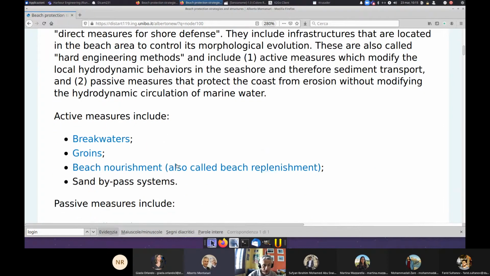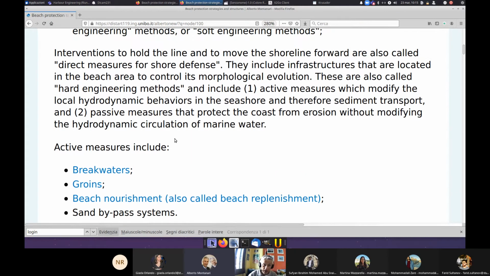So these measures, the hard engineering methods include active measures, which modify the local hydrodynamic behaviors and therefore modify the sediment transport, and passive methods that protect the coast from erosion without modifying the hydrodynamics of the water.